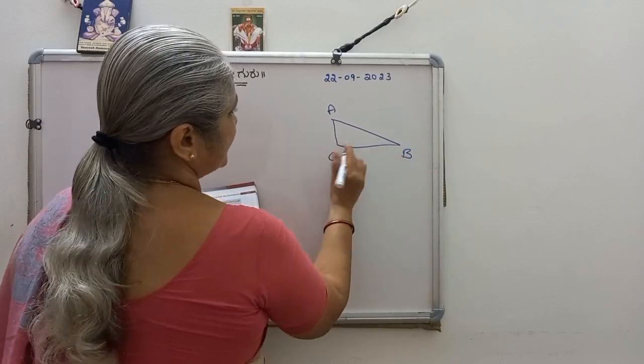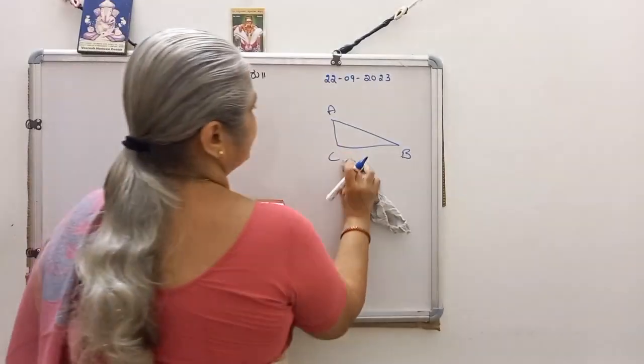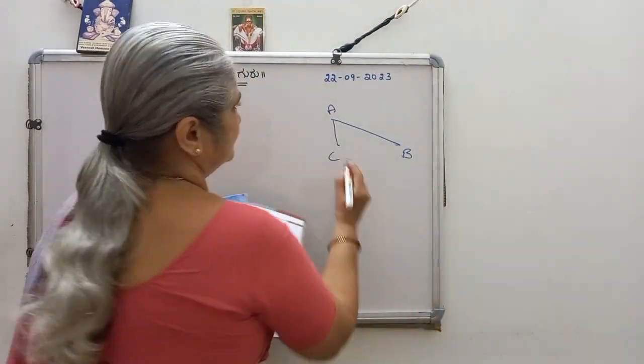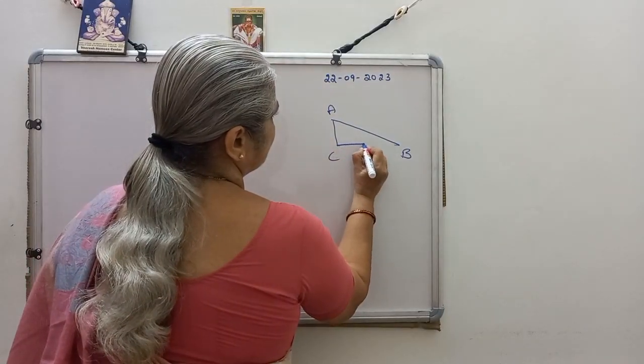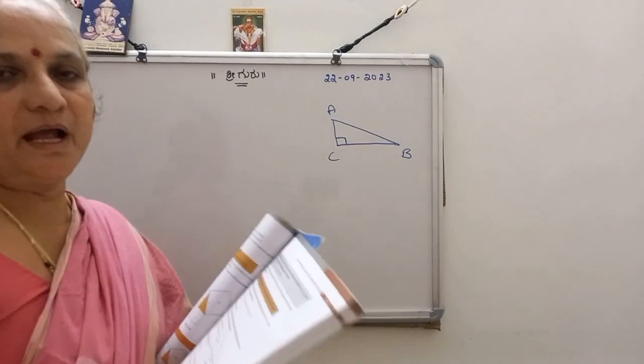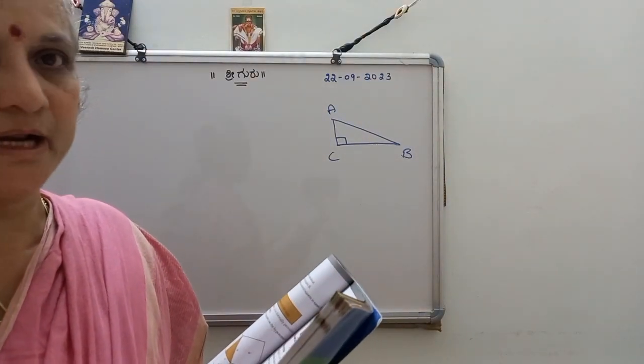It is mentioned that it is right angled at C. It is very important at which point the right angle is formed in that triangle.